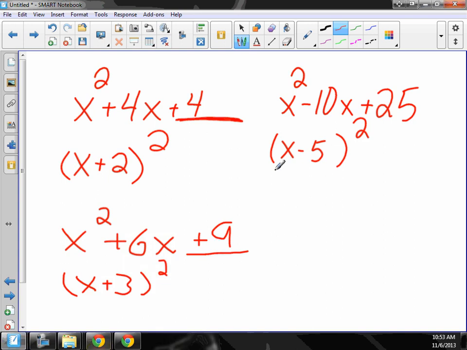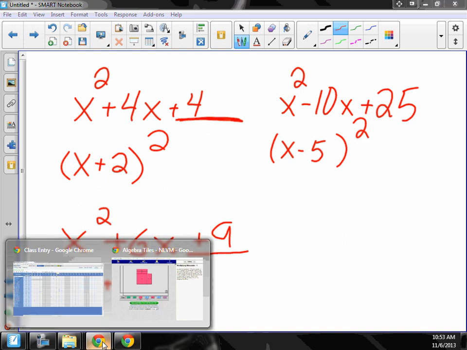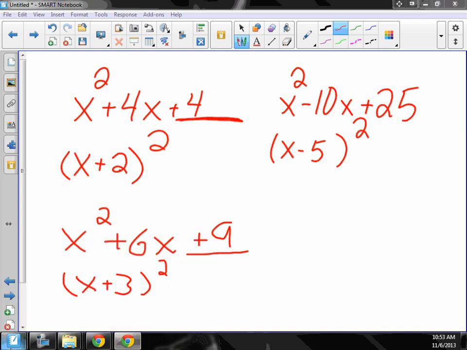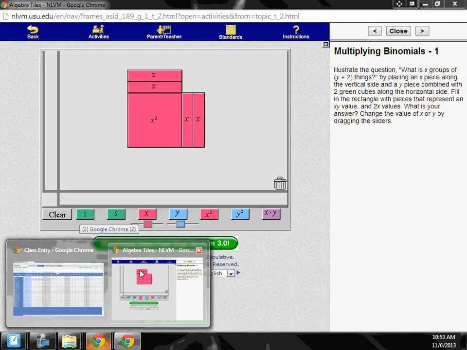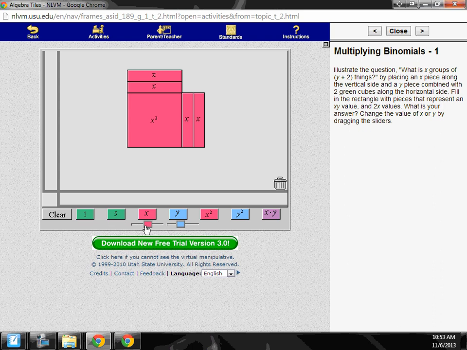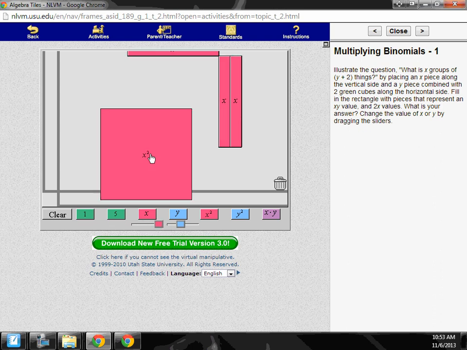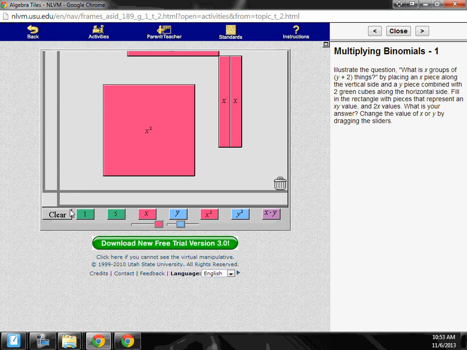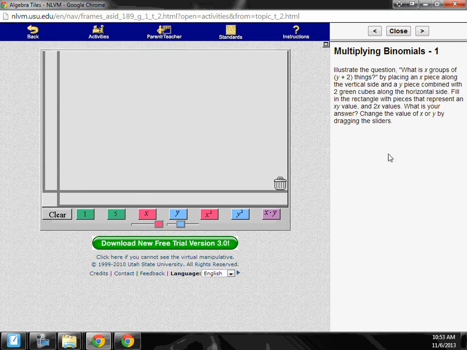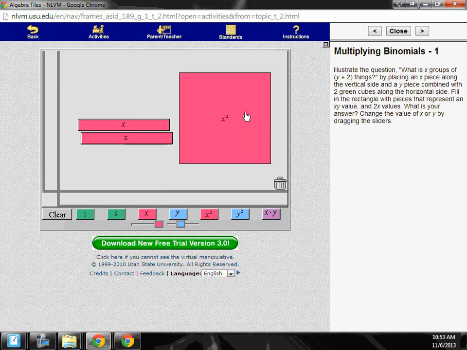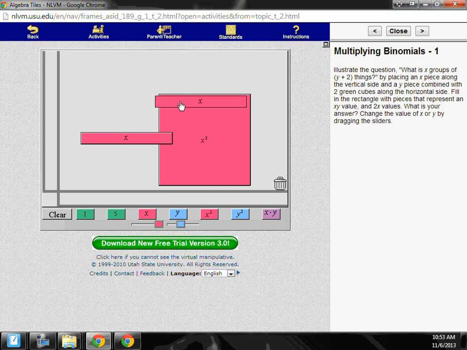Okay. Well, what about the subtractions? What if I had x squared minus 8? Well, I don't know how big I can make it. So let's say x squared minus 2. So I'm actually going to take 2 away?